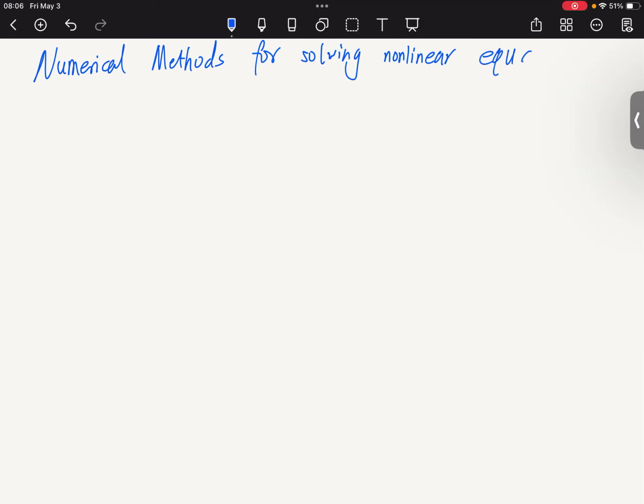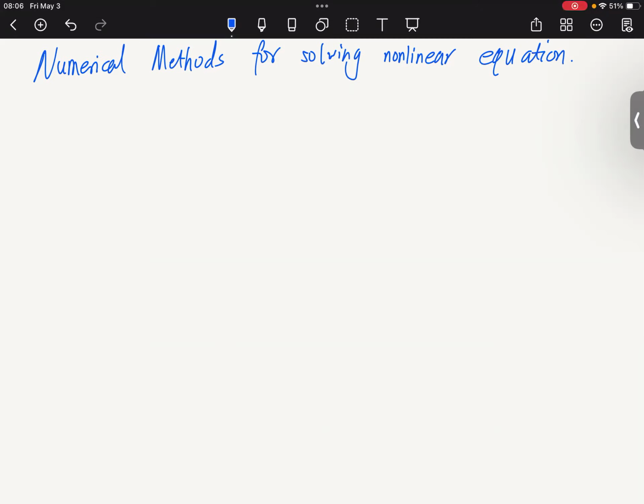So this time we are going to solve the numerical method. This is the numerical method for solving a nonlinear equation, and first of all, we are going to focus on the one dimensional problem, which means that we are going to solve just a function where the variable is just a scalar variable.